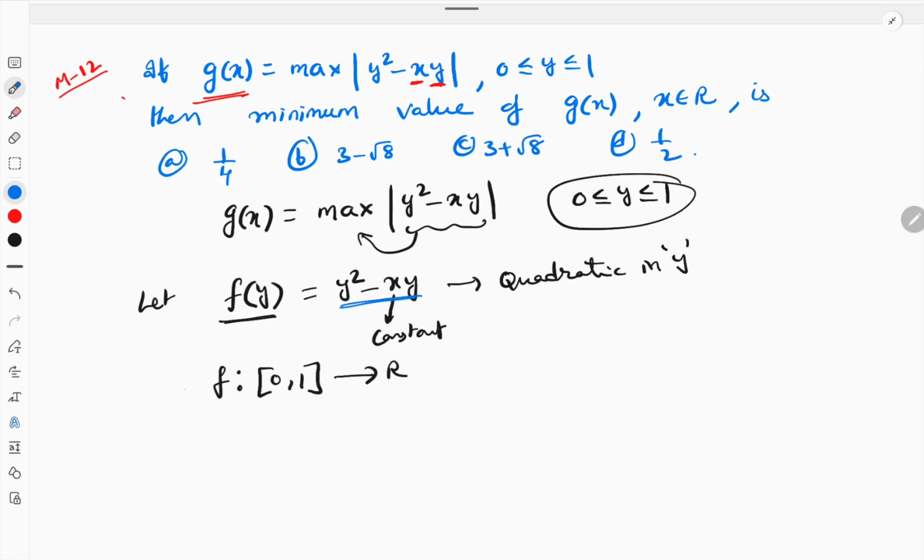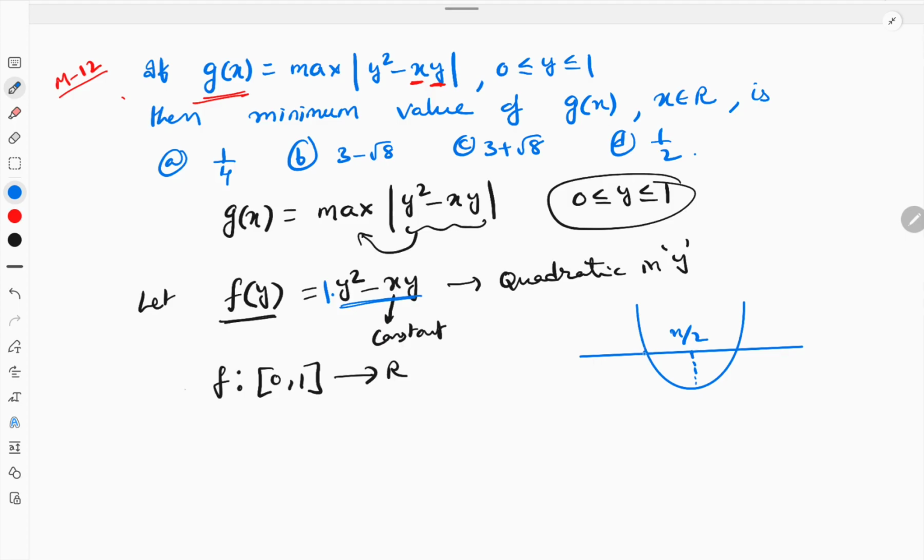Since f is a quadratic expression and the coefficient of y square is 1, it is a parabola open upward, and the discriminant of this expression is positive, x square. It will attain its minimum value at x by 2, and it has roots.